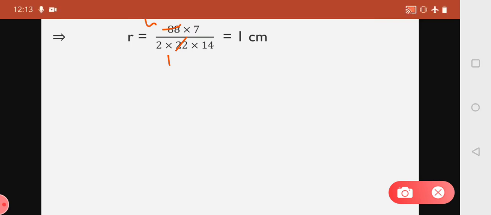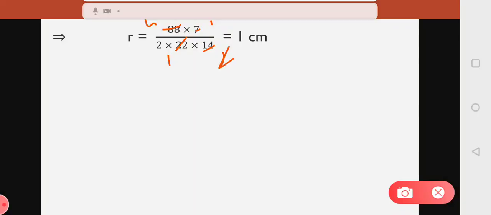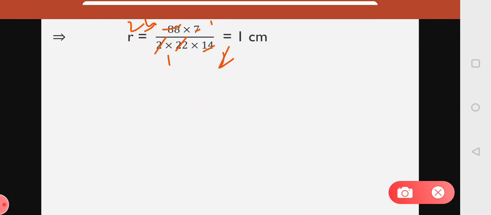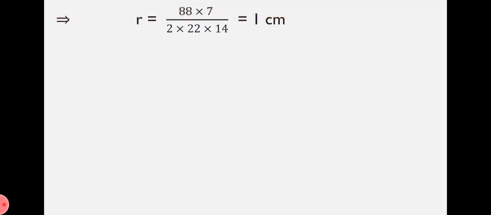Again, 7 ones are 7 and 7 twos are 14. Again, 2 ones are 2, 2 twos are 4. Again, 2 ones are 2 and 2 ones are 2. So all will be cut and we get 1 centimeter.